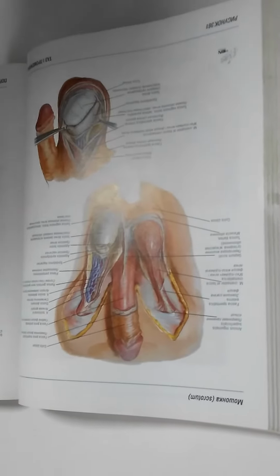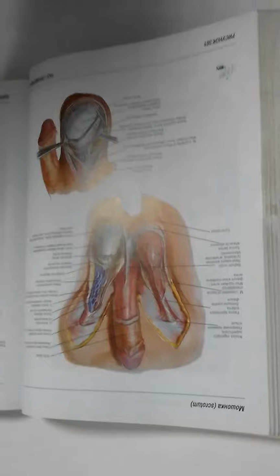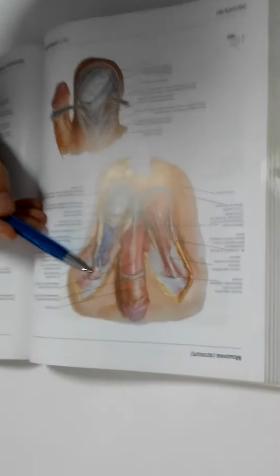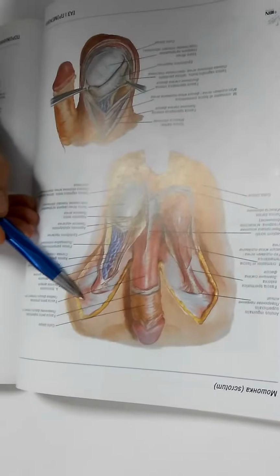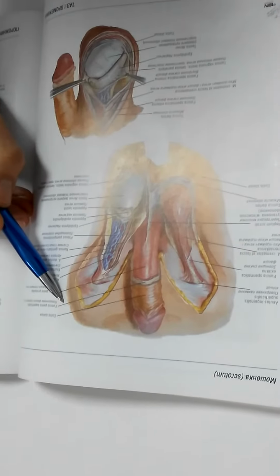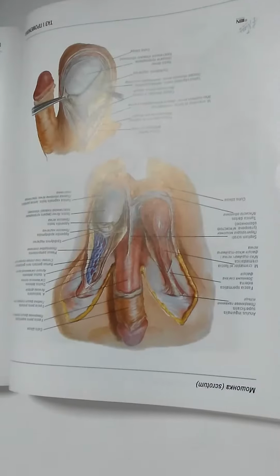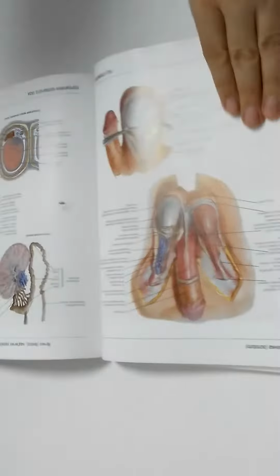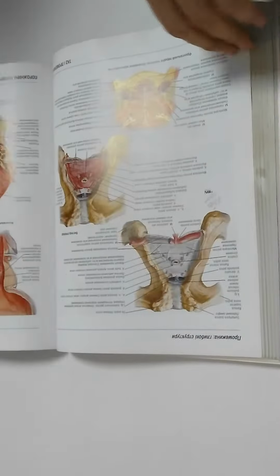Together they form the funiculus spermaticus. And the ductus deferens is the main part of this funiculus. Then it enters the inguinal canal. In this place it has the name pars inguinalis. And through the inguinal canal it opens to the abdominal cavity and continues with pars pelvina.